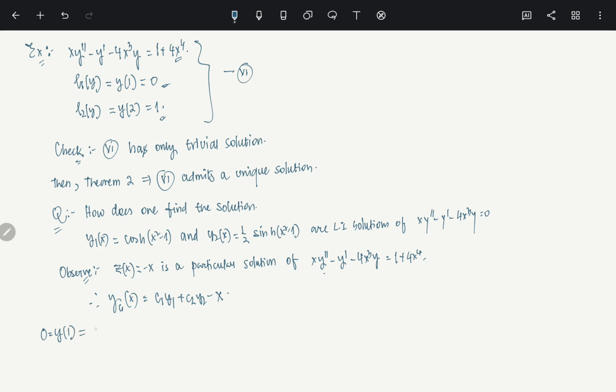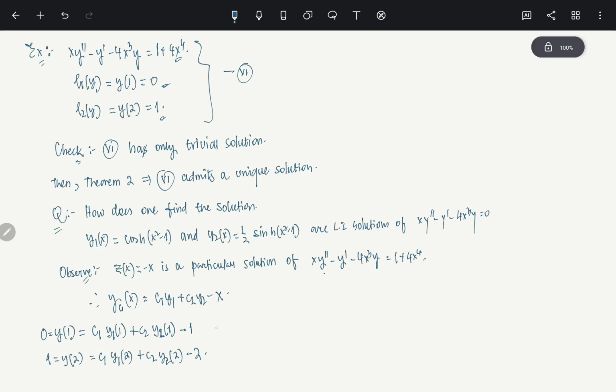It is c1 y1 at the point 1 plus c2 y2 at the point 1 minus 1. Clear? And another thing is 1 equals y at the point 2, which is again c1 y1 at the point 2 plus c2 y2 at the point 2 minus x, which equals 2. Is it okay?